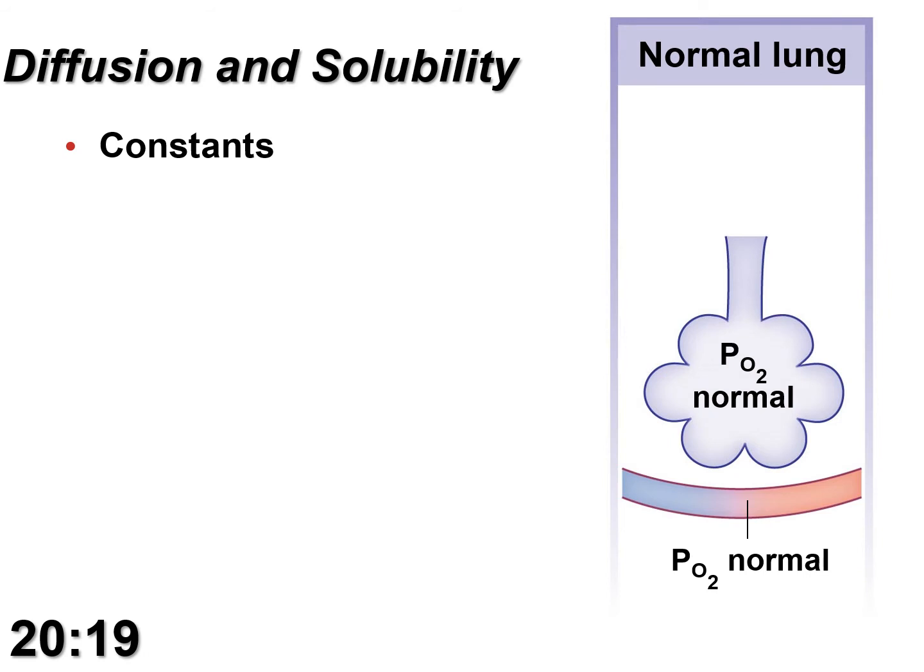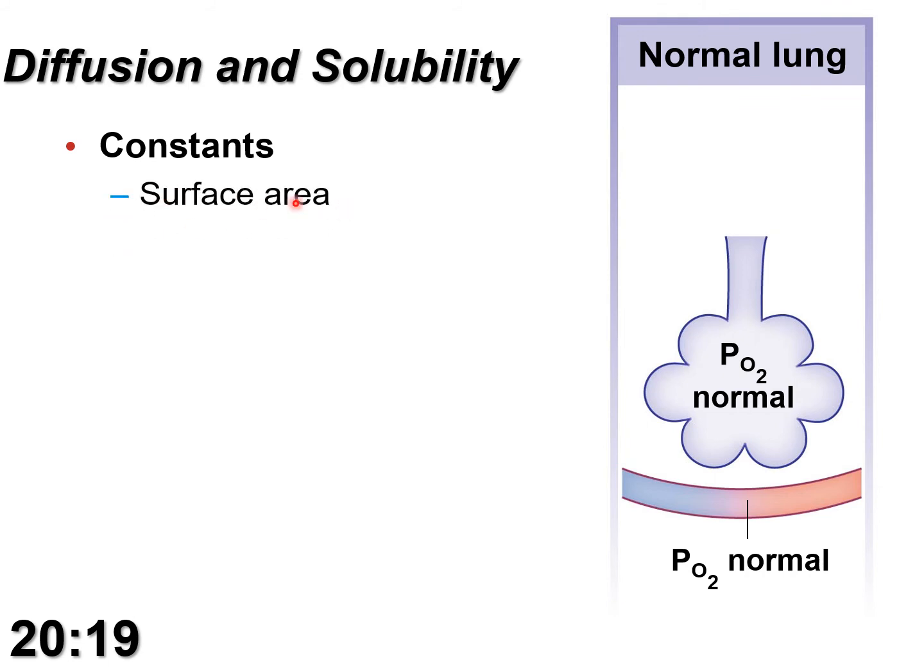So when we're managing rate of diffusion, we not only have to deal with the diffusion laws, but we also have to overcome the solubility issues, the physics, if you will, of the gases that we're trying to control. Some of the normal constants, these are constants on a moment-to-moment basis, but these things can change if we have long-term pathophysiology.